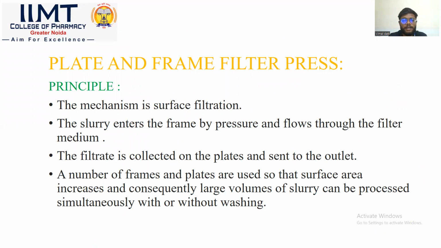A number of frames and plates are used so that surface area increases and consequently large volumes of slurry can be processed simultaneously with or without washing. So by this process, we can filter a huge amount of slurry, or we can directly increase our rate of filtration by increasing the number of plates or frames in the machine.